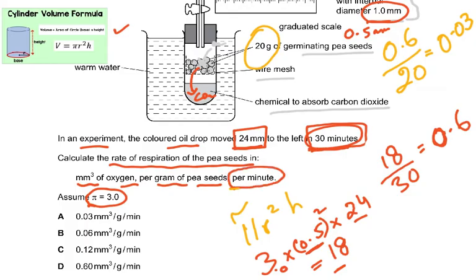So we divide by 30, which is equal to 0.6. But then this was 20 grams, and you had to find millimeter cube of oxygen per gram per minute. So 0.6 divided by 20 gets you 0.03, and the answer is A.